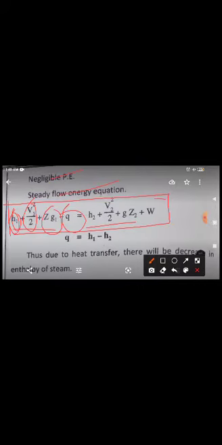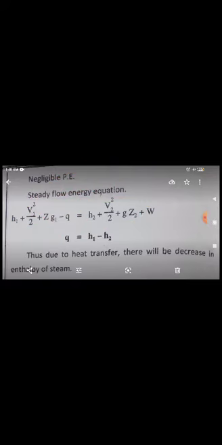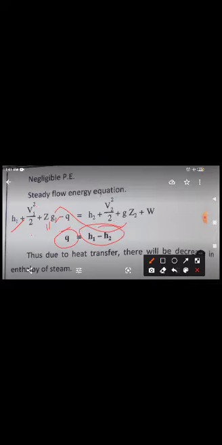On this side this is q, and on this side is work. h1 plus v1 square upon 2 plus g z1 minus q is equal to h2 plus v2 square upon 2 plus g z2 plus w. The z1 and z2 terms cancel, and g is constant for both. After putting in these values, q is equal to h1 minus h2. Due to heat transfer, there will be a decrease in the enthalpy of the system.